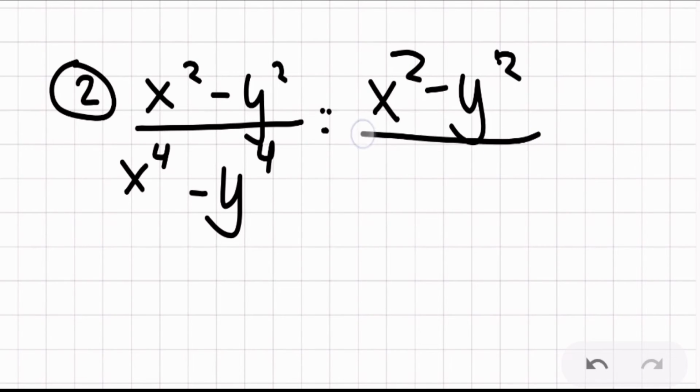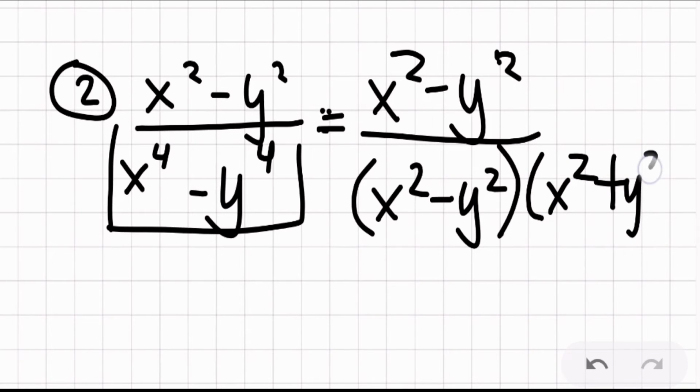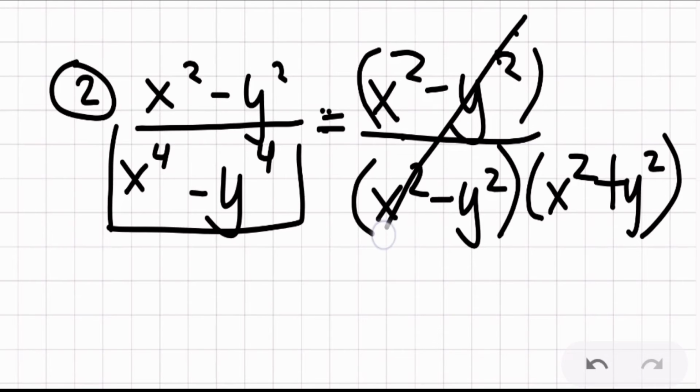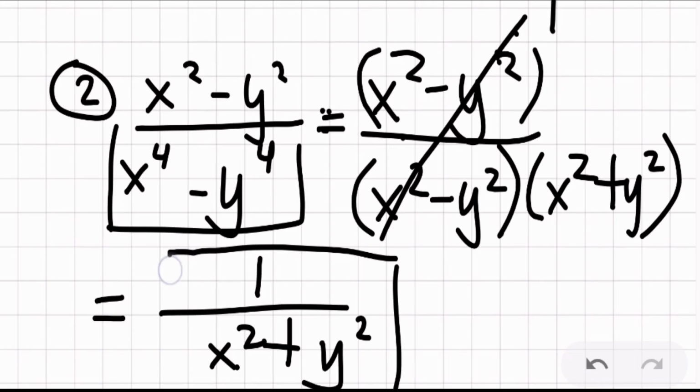Why? Because this is a difference of two squares, and we can expand it as x squared minus y squared times x squared plus y squared, which is common with our numerator, so we can cancel this out. We will be left with 1 here. Therefore, our final answer will be 1 over x squared plus y squared.